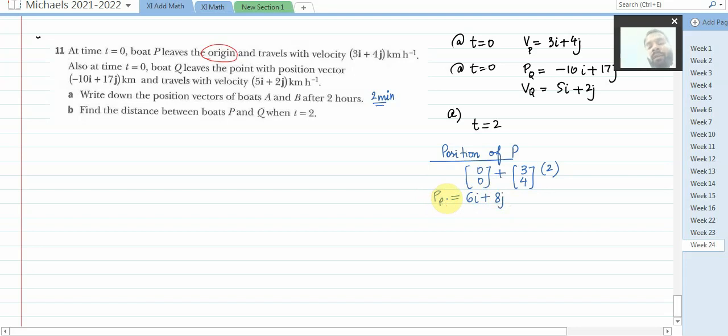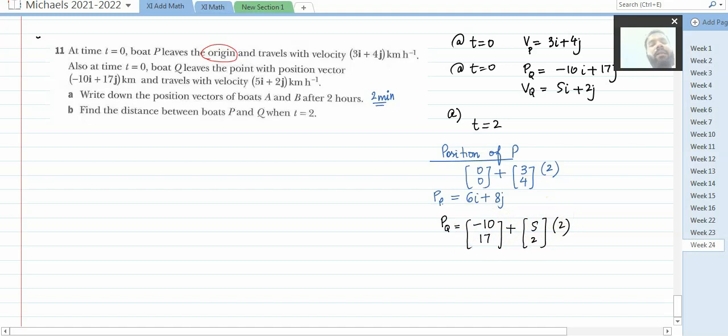Similarly, if you need to find the position of Q, Q has a position vector and a velocity as well. So the procedure is very similar to what we have done in the previous question. The position is minus 10, 17, and the displacement with respect to velocity is 5, 2, multiplied by time.